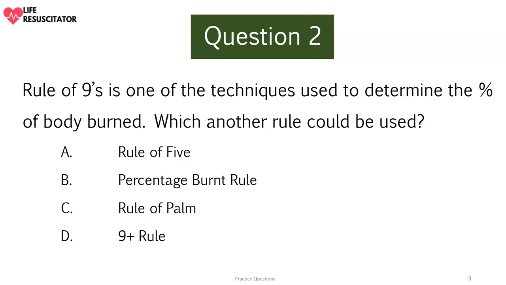Which other rule could be used to achieve the same? A. Rule of 5. B. Percentage burnt rule. C. Rule of Palm. D. 9+ rule. Again, put the letter that matches the choice you have made for this question, and then let us go to question number 3.